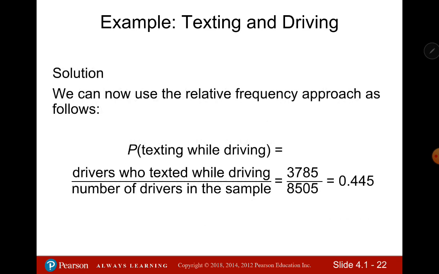So how can we get to the probability? We pick the relative frequency. The numerator will be the number of times event A happens, right? So we know it's about texting while driving. So we have this 3785. But what's your denominator? We want to know how many drivers are in the sample. So that will be a total number, including texted while driving or not texted while driving. So we go back to check.